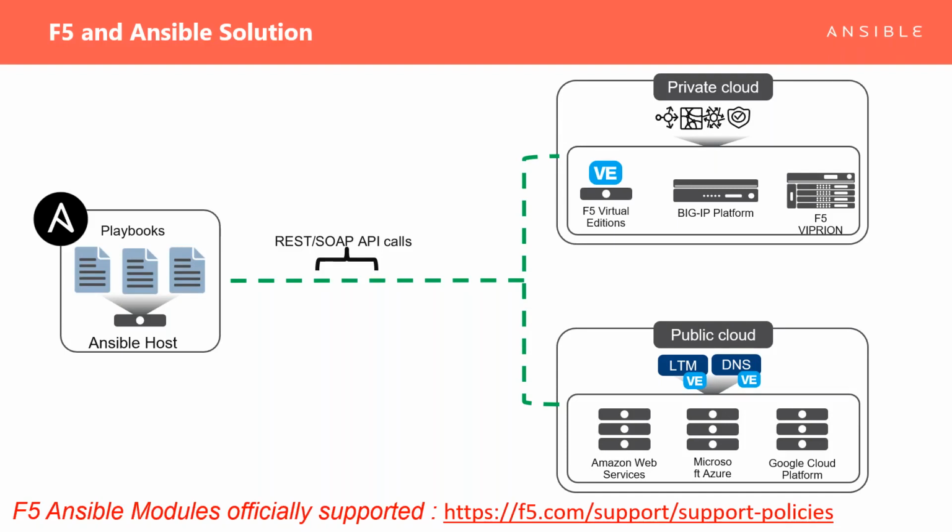May it be the BIG-IP hardware platform, or the virtual edition, or the location of the BIG-IP, is it placed on-prem in your private cloud, or is it placed in your public cloud? So the goal is to make it easy for users and customers to consume our BIG-IP application services, and also provide a consistent automation framework.